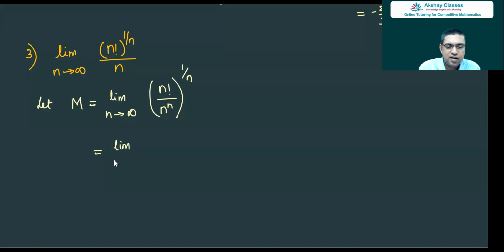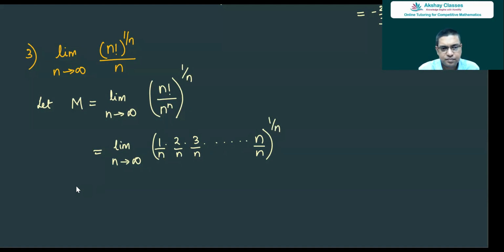Then I will write n factorial as 1 into 2 into 3 into 4 up to n, and this n power n will be 1 upon n by 2 upon n by 3 upon n by n upon n, whole raised to the power 1 upon n. Now, any idea clicks? Anybody?